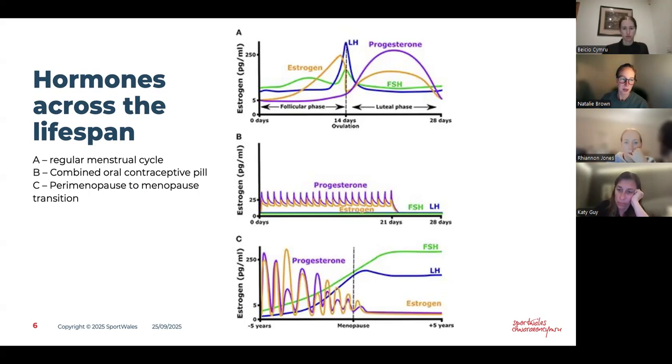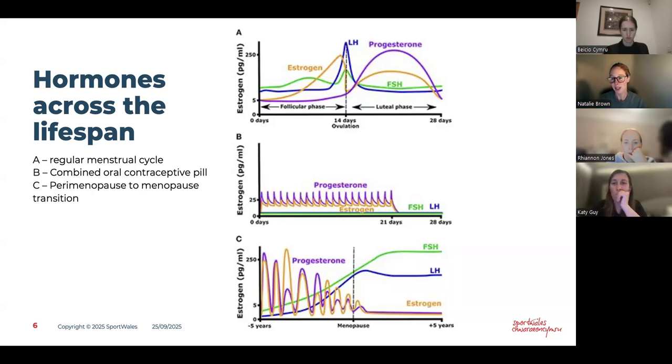And then what happens when we go into perimenopause and the menopause? That's the bottom graph, over a timeline of 5 years. Those hormones become really erratic. You might have high estrogen and low progesterone, or that might flip and you might have high progesterone and low estrogen.